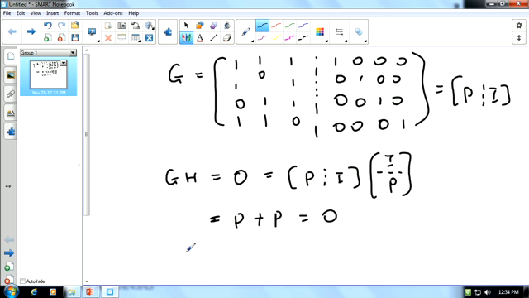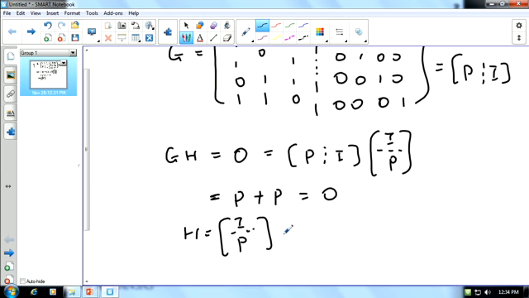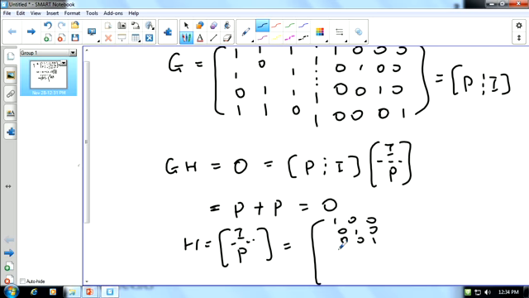So our H matrix in this case is I, P, so that's our I, and our P matrix is 1101, 1011, and 1110. So that's the H matrix here.